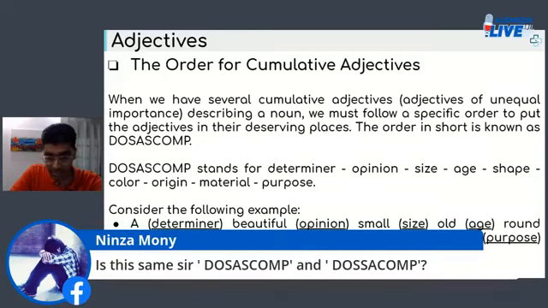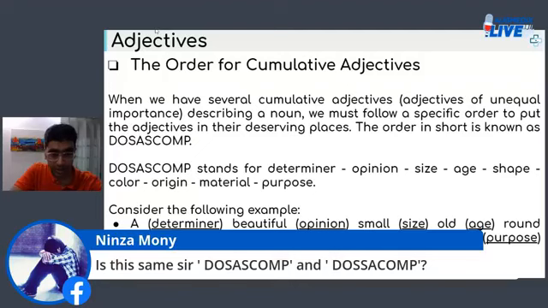And then Ninzamoni is asking, is the same, sir, DOSASCOMP and DOSASCOMP? Well, how have I spelt it? Right? So first you have your determiner, DOSASCOMP. Remember, D stands for determiner, O stands for opinion, the first S stands for size, then you have A, which is age, and then you have the second S, which is shape, then you have C for color, O for origin, M for material, and P for purpose.